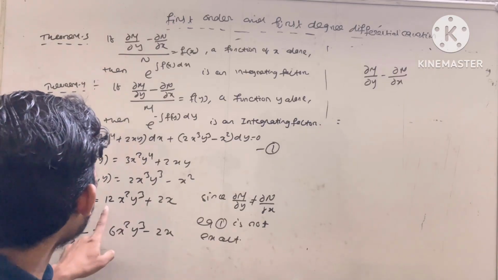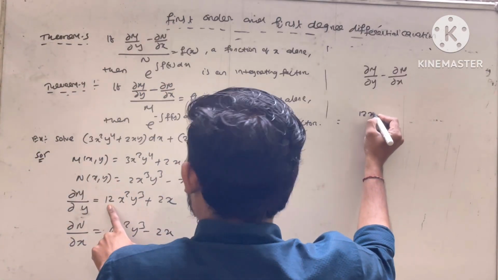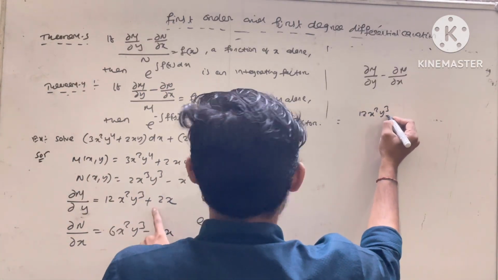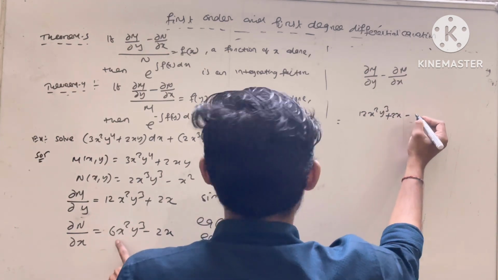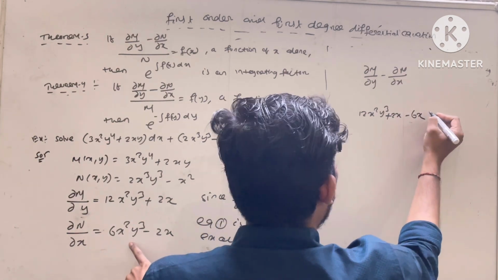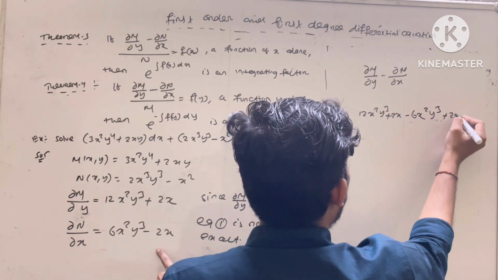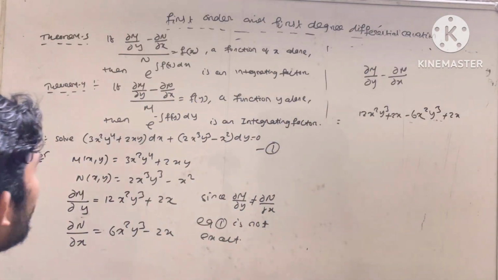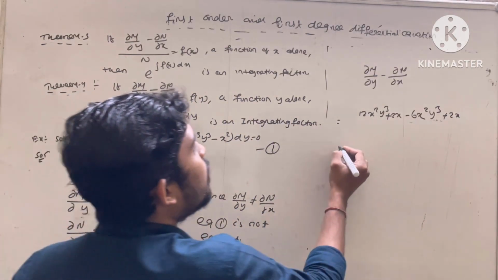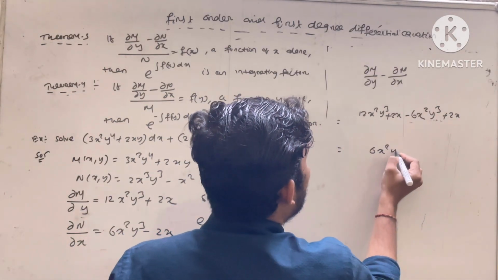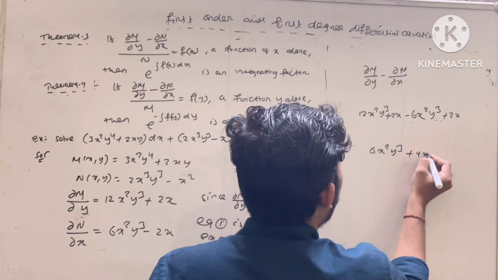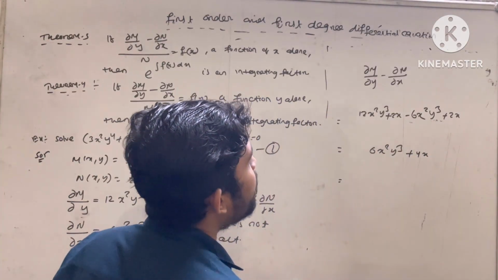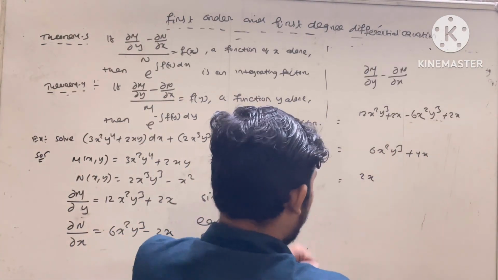So now this is 12 x square y cube plus 2x minus 6 x square y cube minus 2x. So this is actually 6 x square y cube plus 4x. Take the common factor: 2x you can take common.